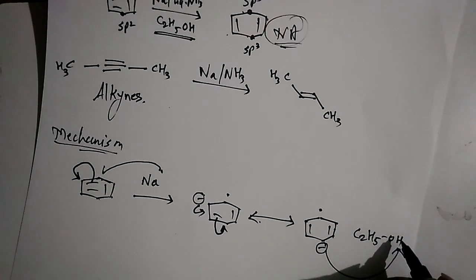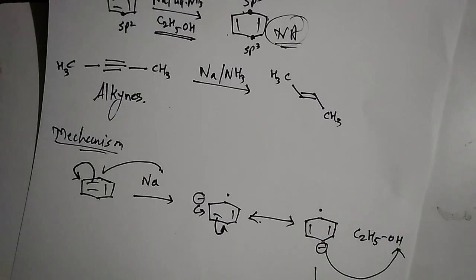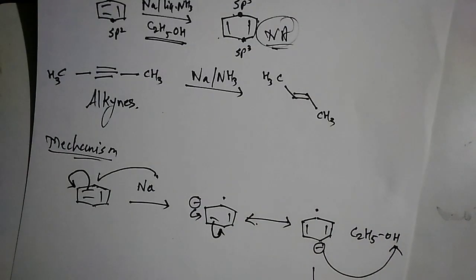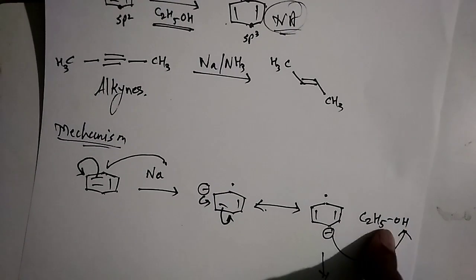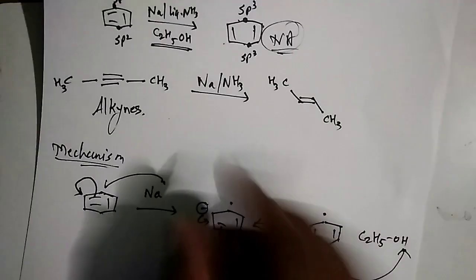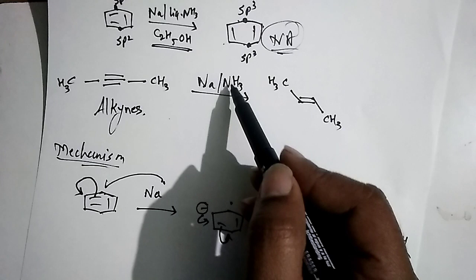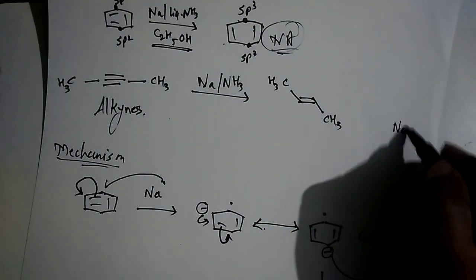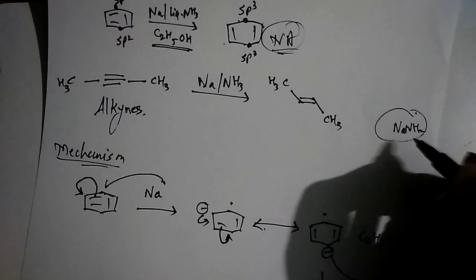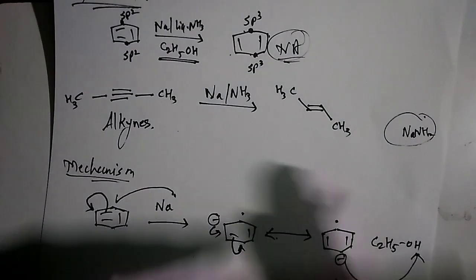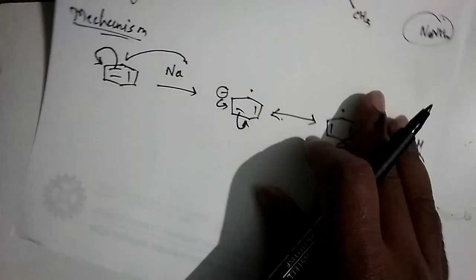So the hydrogen is grabbed by this anion, and here it becomes the stable one. It already has one hydrogen here, and the new one is coming here. In the absence of ethanol, with Na in NH3, it forms this kind of species also, and the remaining hydrogen comes here, which takes some time, and the reaction becomes slow. In the presence of alcohols, the reaction goes faster.